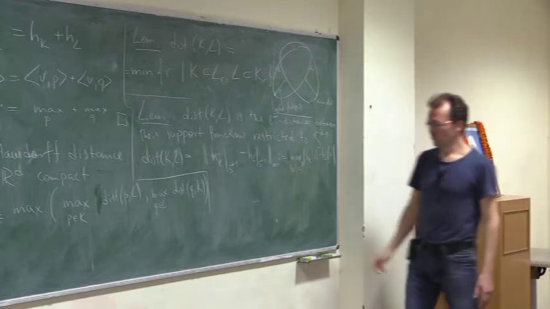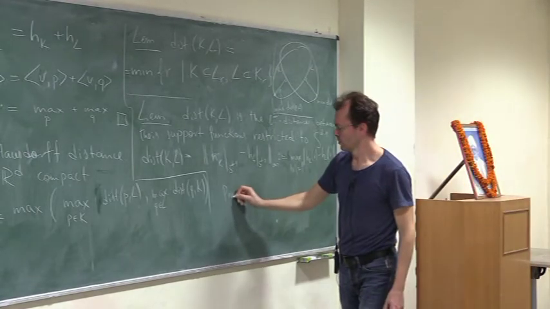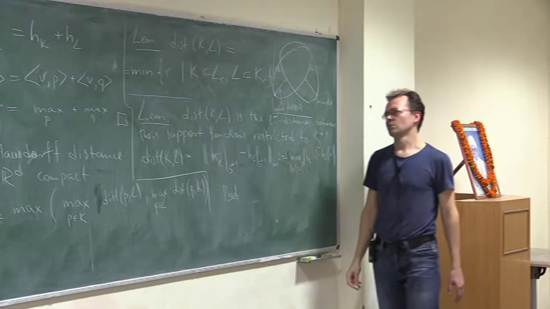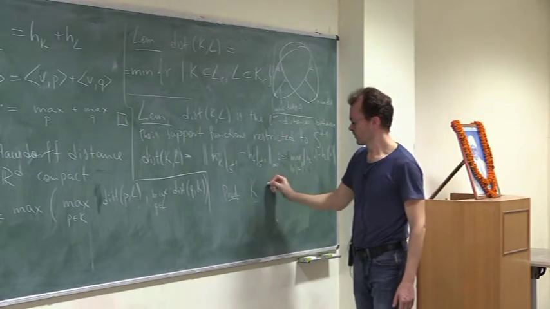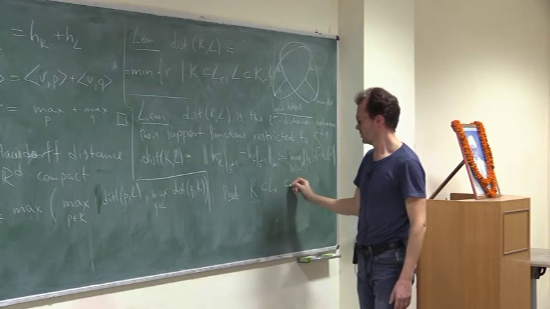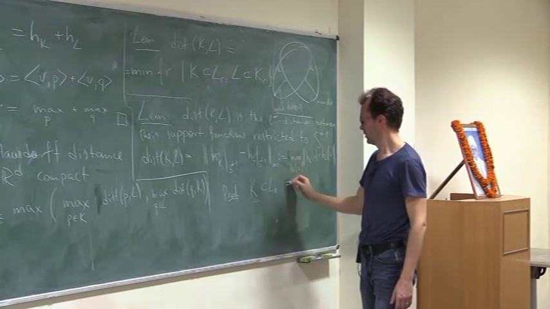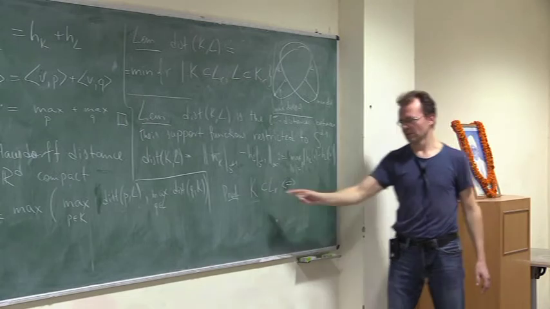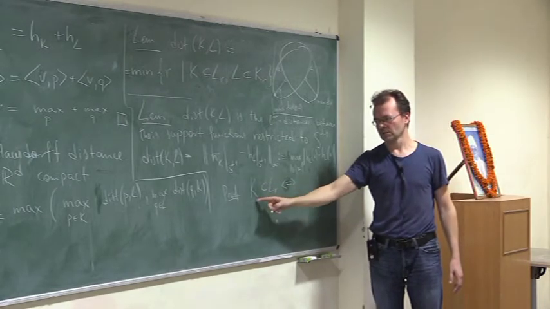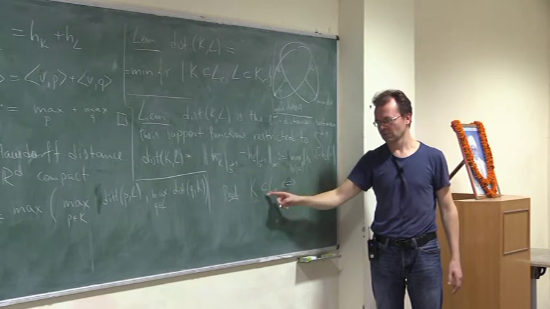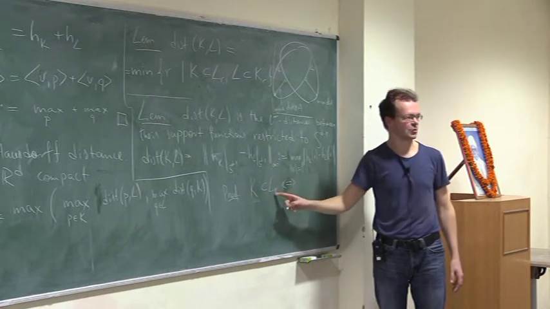And the proof of that, well, K subset L_R is equivalent to, this is what I did not prove, but one set is a subset of the other if and only if its support function is less or equal than the support function of the other.